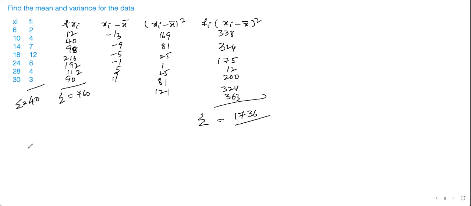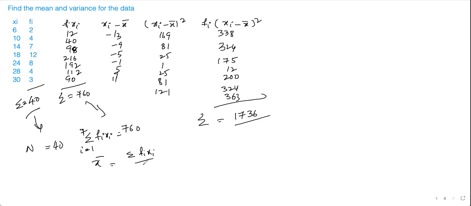So n is 40, and the summation of fi into xi, which we got as 760. So x bar, which is the summation of fi xi by n, is 760 by 40, which is 19.